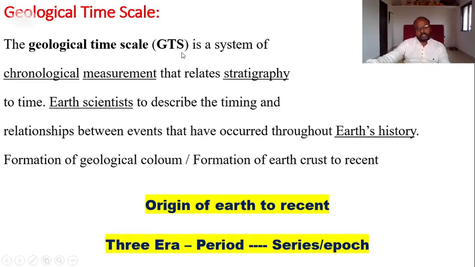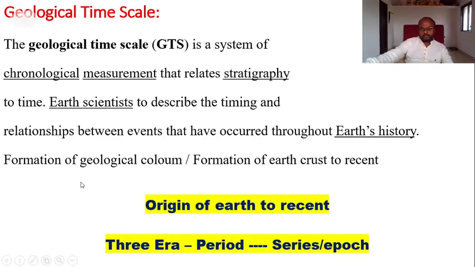The geological time scale, that is GTS, is a system of chronological measurement that relates stratigraphy to time. Earth scientists use it to describe the timing and relationship between events that have occurred throughout the Earth's history.